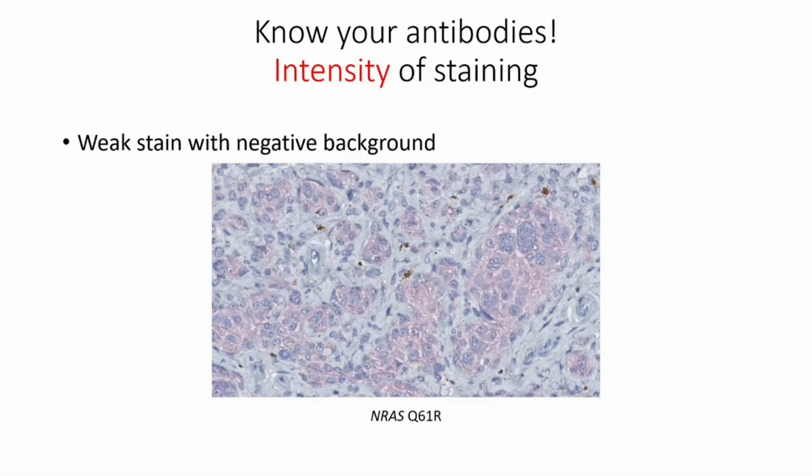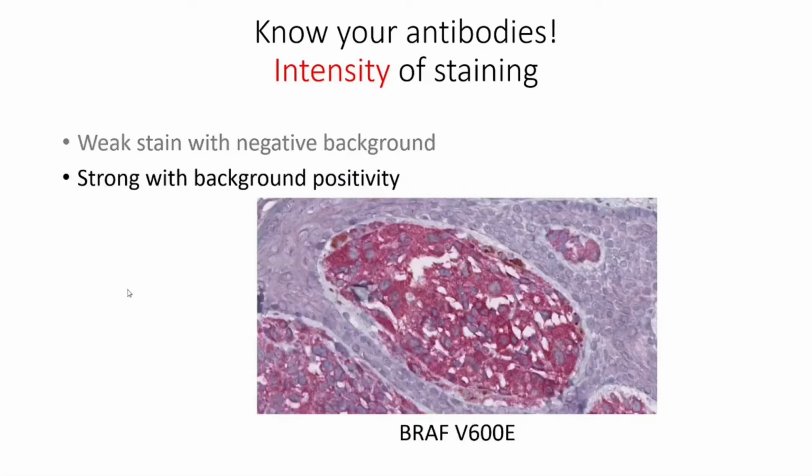You don't need more staining than this to call the case positive. And for example, for BRAF V600E, usually you will have some degree of background positivity, and you really expect your cells to be strongly positive in the cytoplasm to be retained as a positive stain.